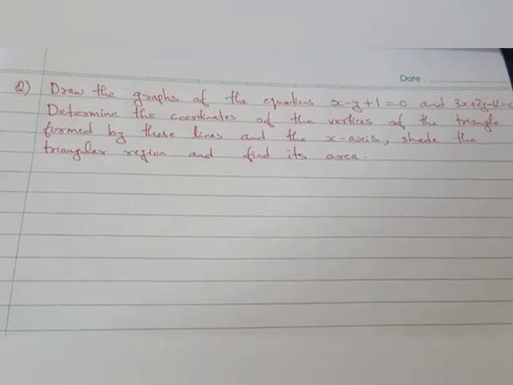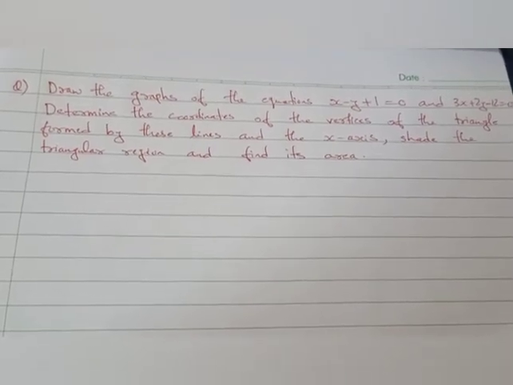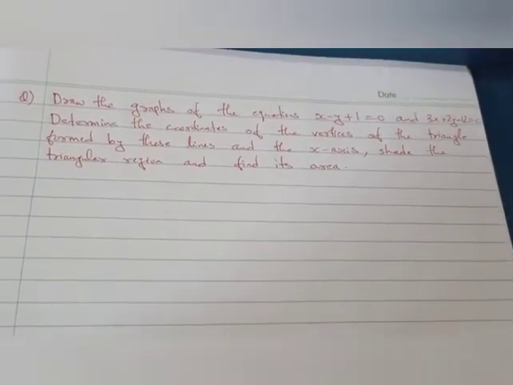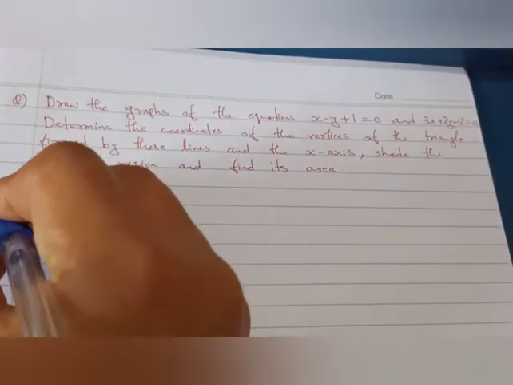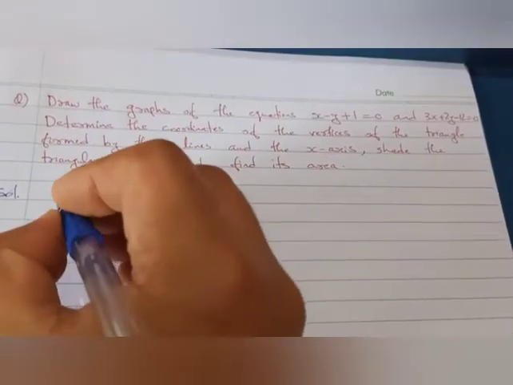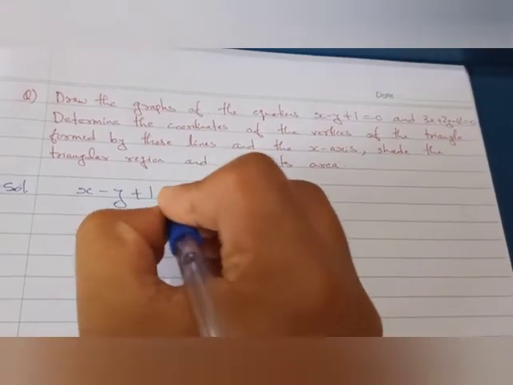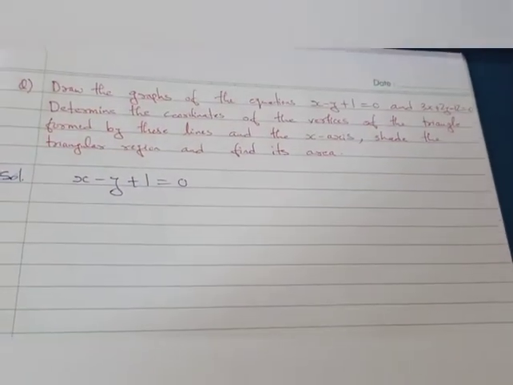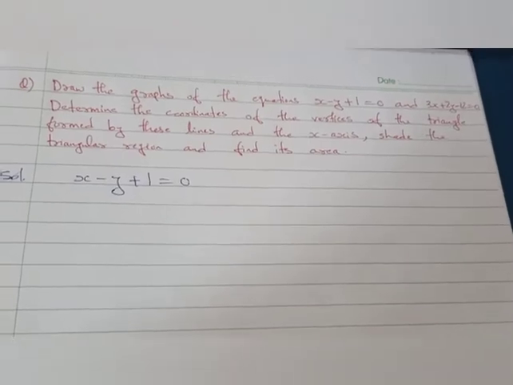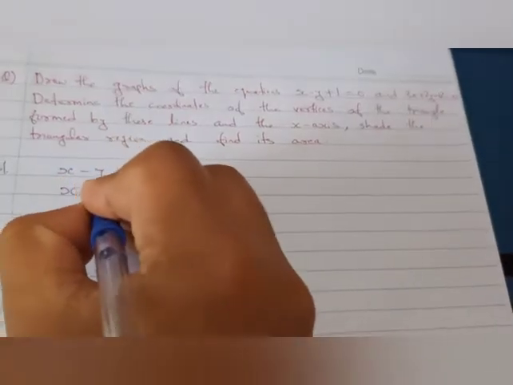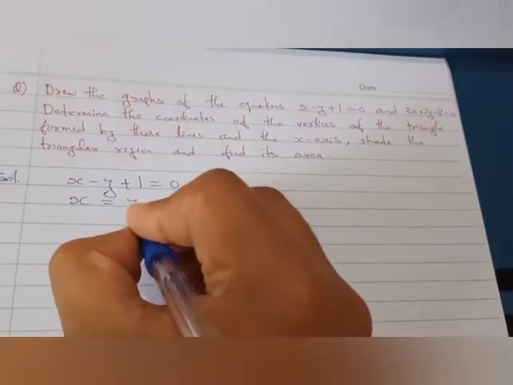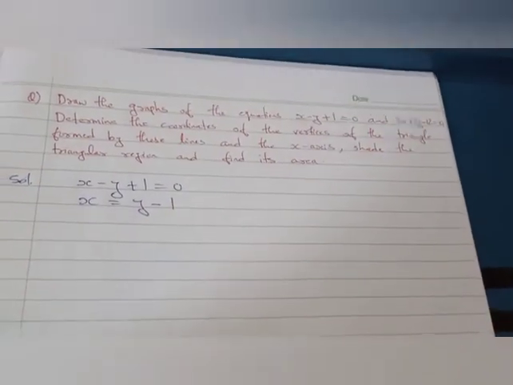We need to shade the triangular region and find its area. So let's start by forming graphical equations of the first equation, which is x minus y plus 1 equals to 0. Let's shift y and plus 1 to the other side, and we will get our equation as x equals to y minus 1.